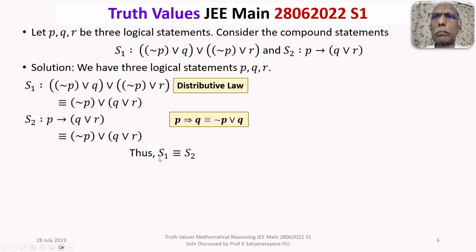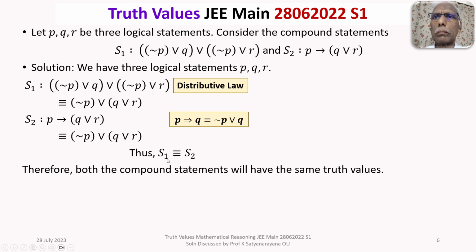So when they are equivalent or identically equal, if S1 is true, S2 is also true. Likewise, both the compound statements S1 and S2 will have the same truth values. Truth values are true or false.